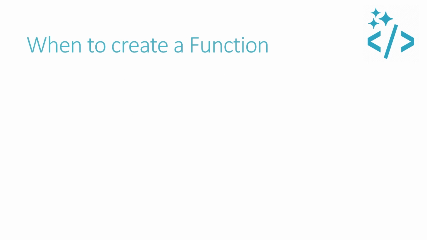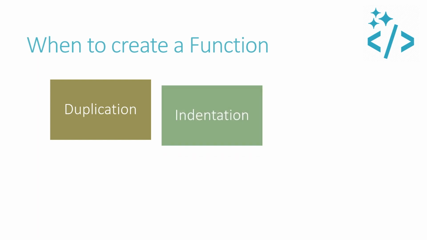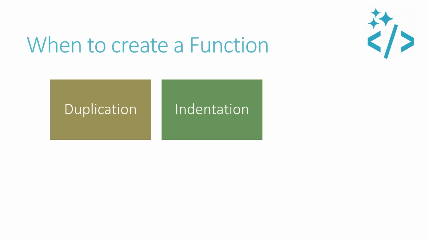So we assume we have a class and want to create a function. Maybe we want to eliminate some duplication, some code that is specific to more parts of our code base, and then we will create a method. Or maybe to have better indentation.